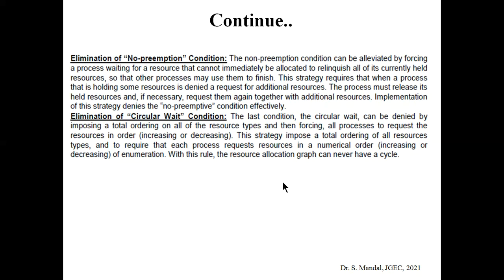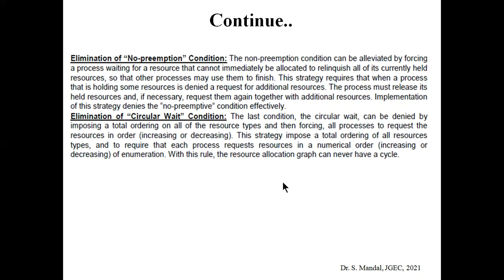That means the strategy requires that when a process is holding some resources and is denied a request for additional resources, the process must release its held resources if necessary, if other processes request on an urgent basis.